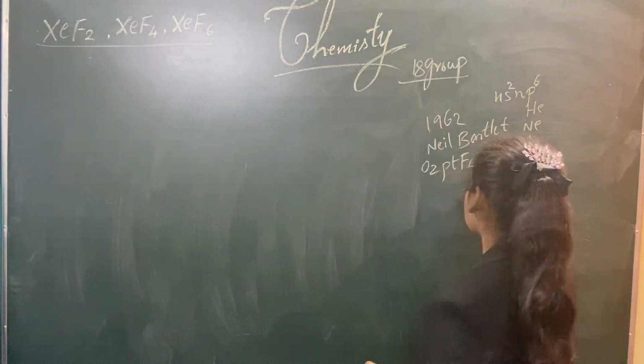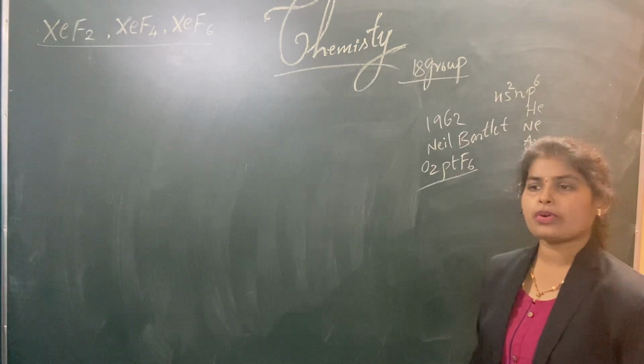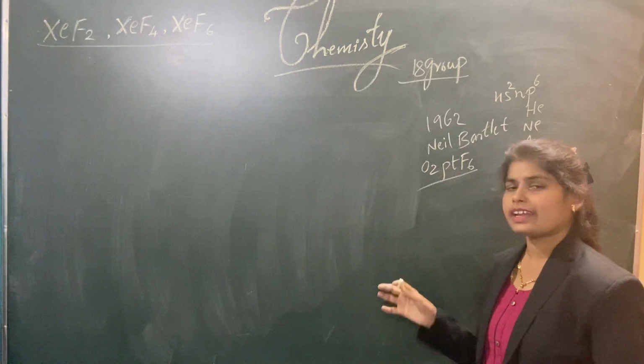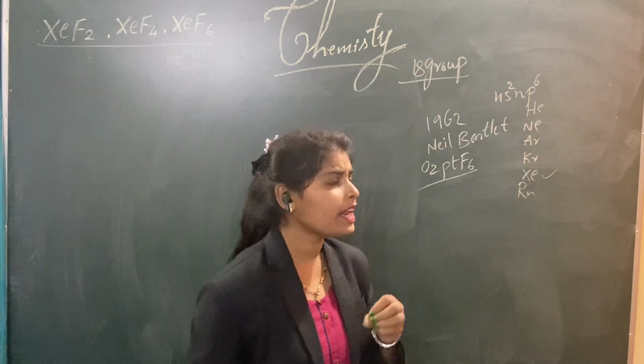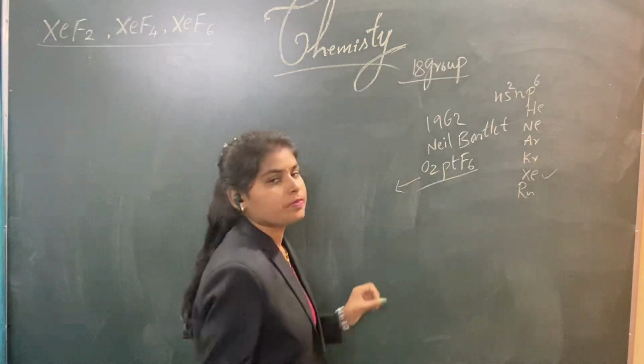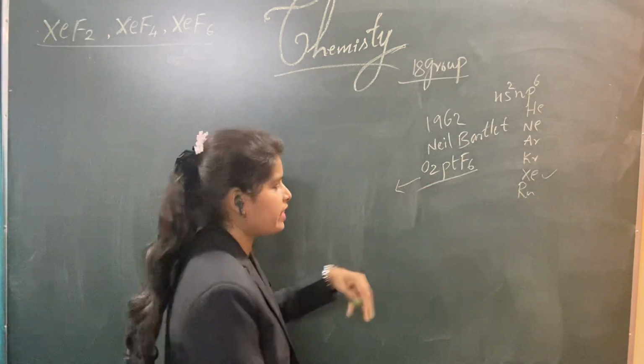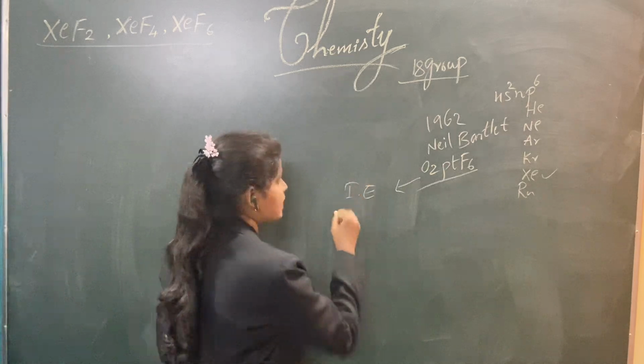That compound is O2PtF6. After he prepared this compound O2PtF6, he analyzed that to remove an electron from oxygen, we need to apply some energy, that is ionization enthalpy or ionization energy.